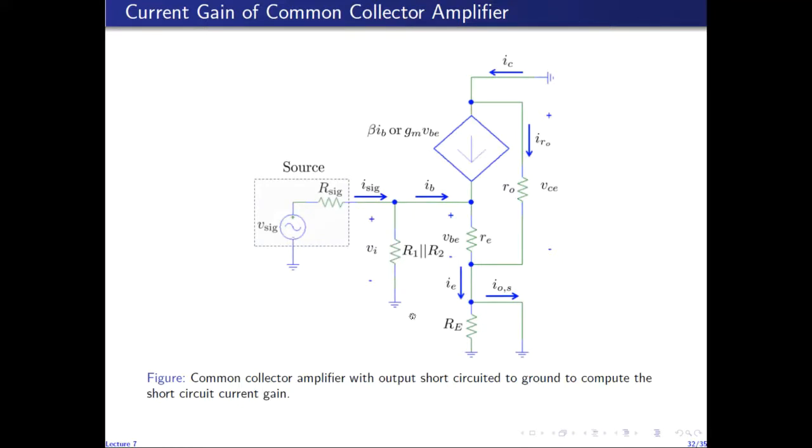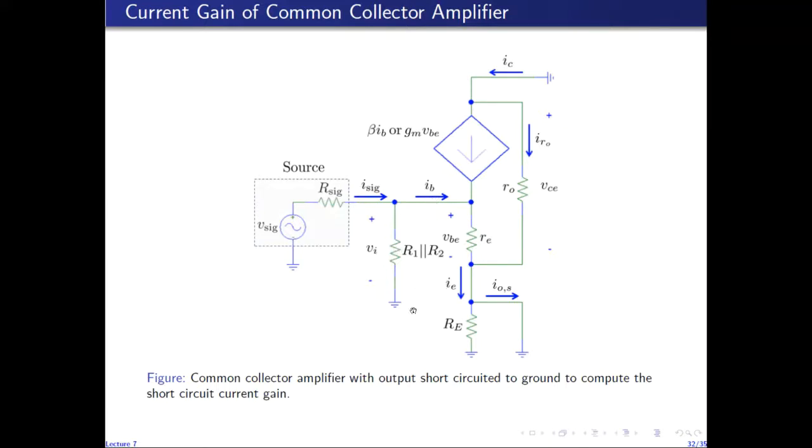So the resistance seen looking into the base terminal is, as we computed before, VI over IB. So VI over IB is the resistance seen looking into this base terminal. So ISIG is divided between this resistor, R1 in parallel with R2, and the resistance seen looking into the base, which is given by VI over IB.